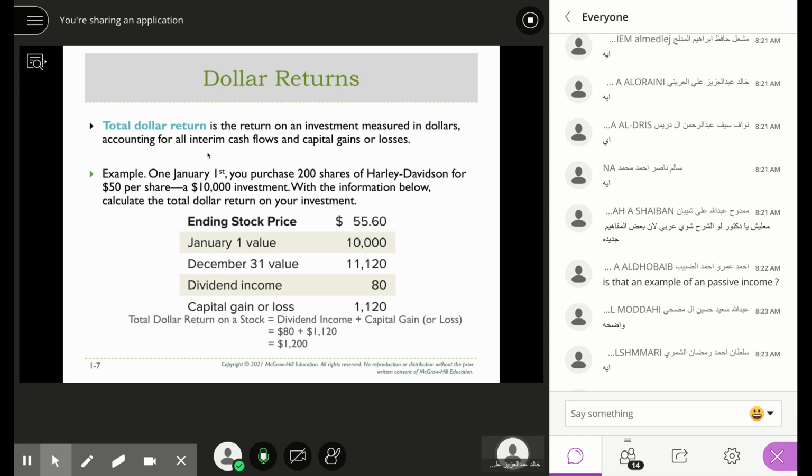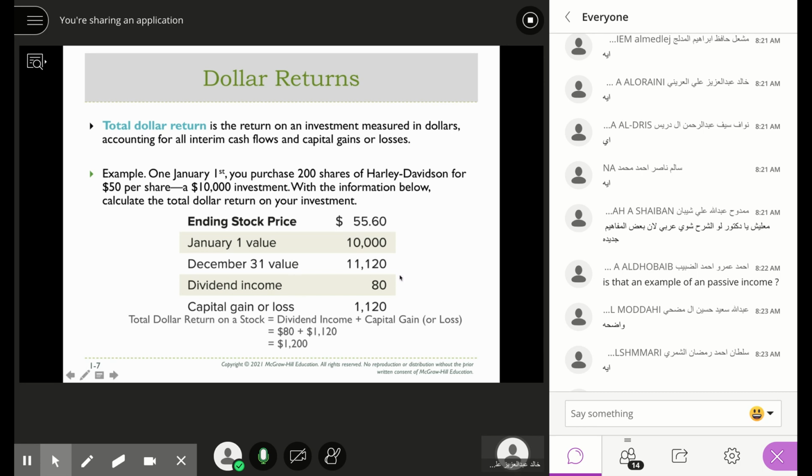Let's assume that on January 1st, you buy 200 shares of Harley Davidson, or a company A, or Sabic, or Al-Rajhi, or whatever, for $50 per share. So 200 multiplied by 50 is a $10,000 investment.